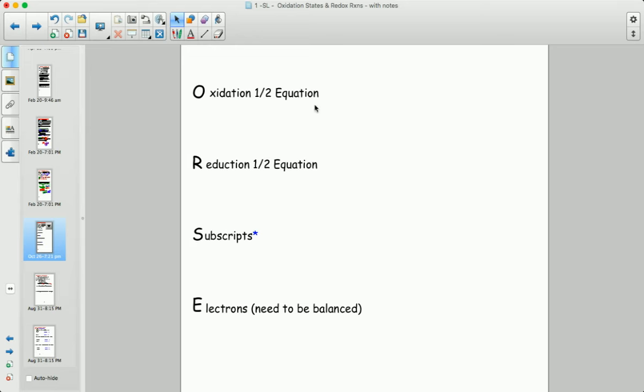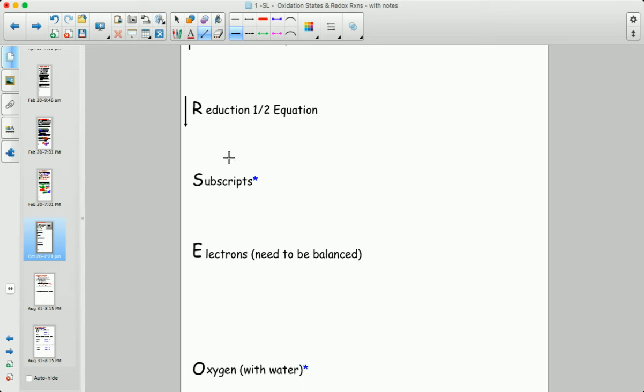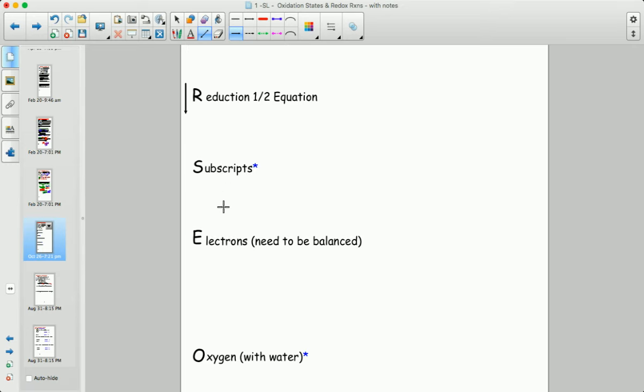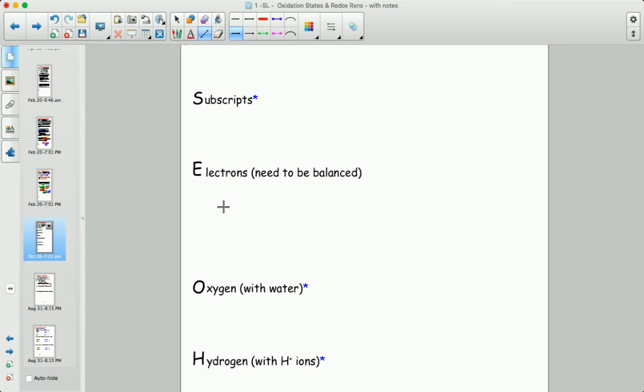You're looking for the increasing oxidation number for the oxidation, and you're looking for the decreasing oxidation state for the reduction. You're going to write out half equations showing electrons being lost and showing electrons being gained. If there's a subscript involved, then we'll include it at this point. We're going to skip this step for the video, and we'll talk about it in class.